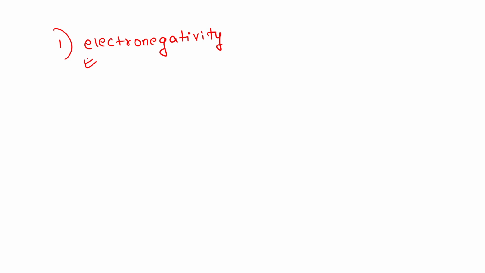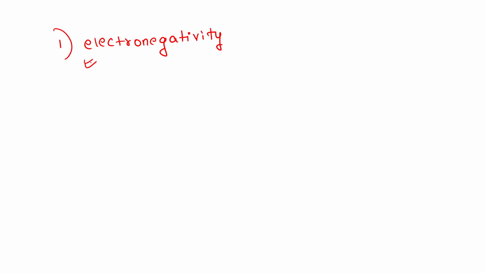If atom A has high electronegativity as compared to atom B, then atom A is able to attract electrons more strongly than atom B. This is just a relative comparison between one atom having high electronegativity and another having less electronegativity.